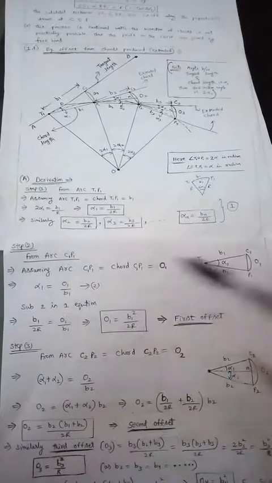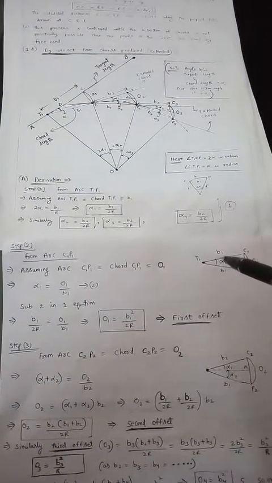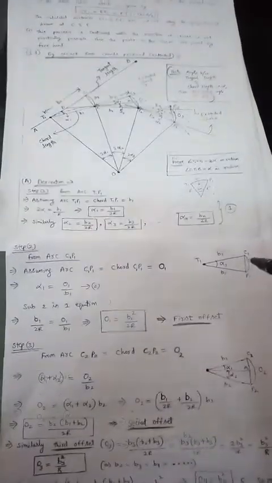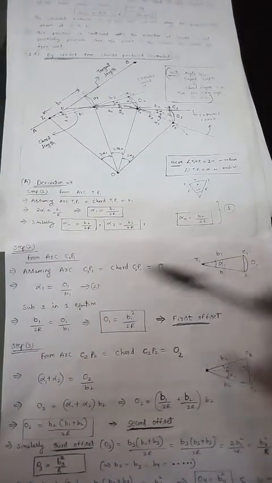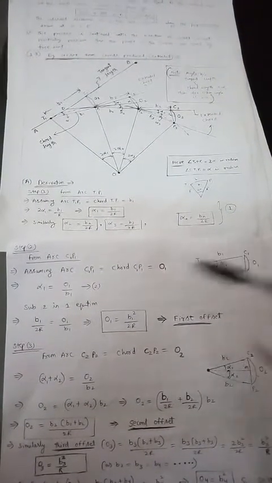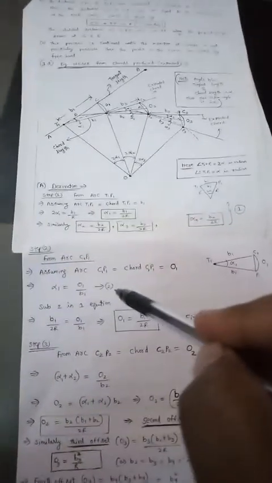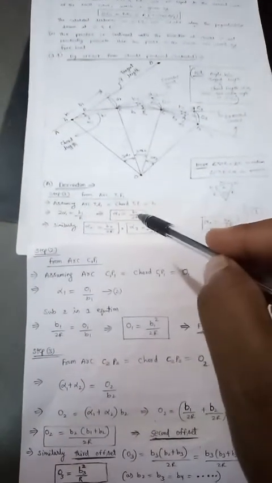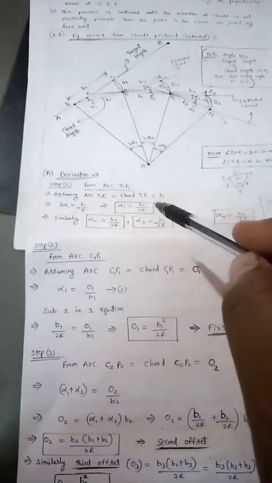So the arc measure is alpha 1 here, equal to the arc length O1 by the radius B1. This is equation number 2. Substituting 2 in equation 1, alpha equal to B1 by 2R.